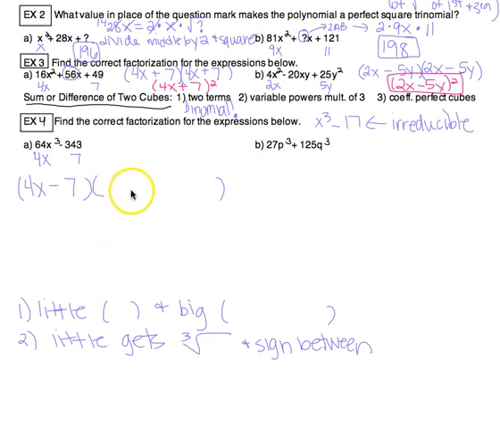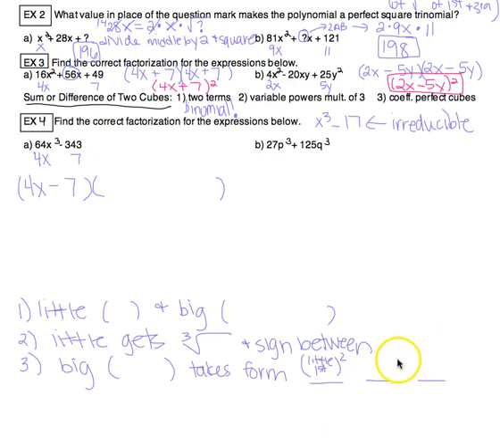Now, the big parenthesis takes the pattern or form where you square, because you're going to get 3 terms, it's trinomial. You take the little parentheses first term and you square it.